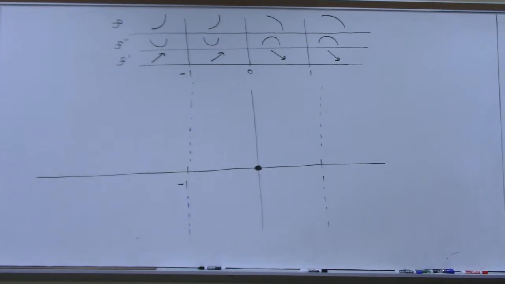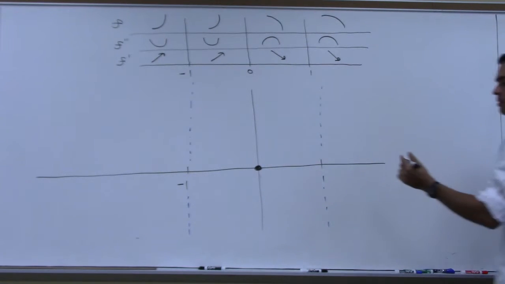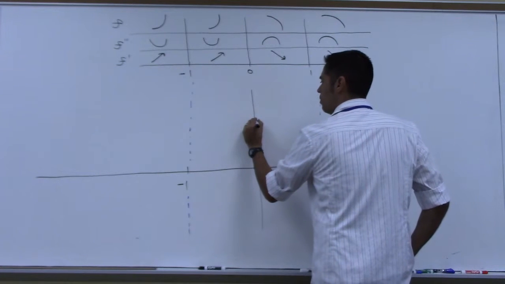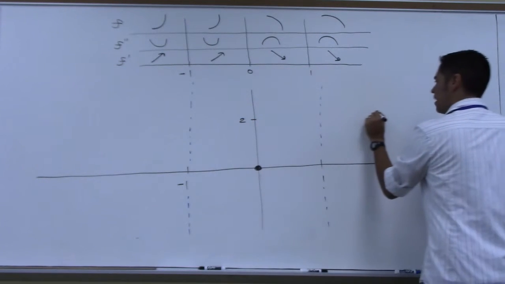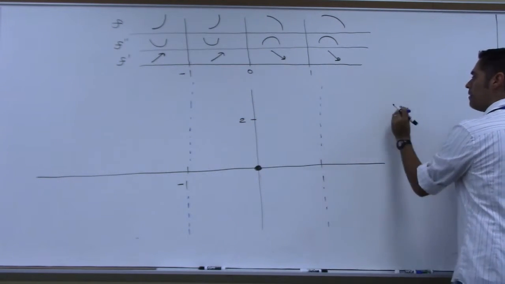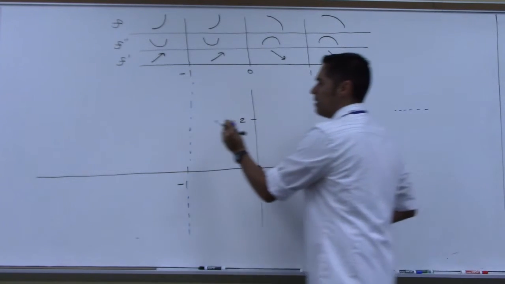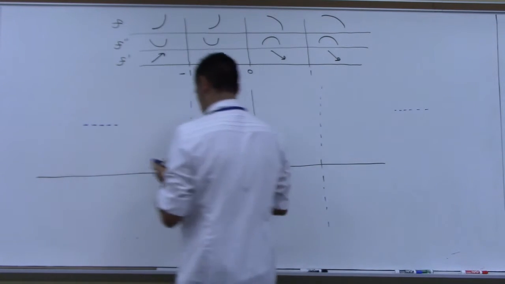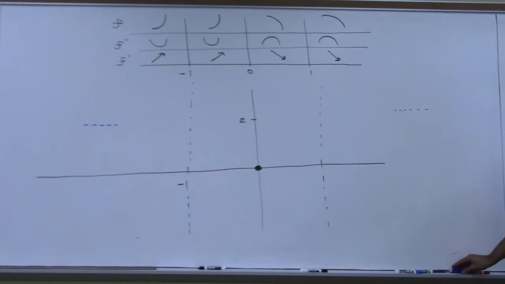I have a horizontal asymptote at 2, which again is not part of my graph, but it tells me what's happening at the ends, doesn't it? Is there any other information I haven't put on here? I think I've got it all, right?